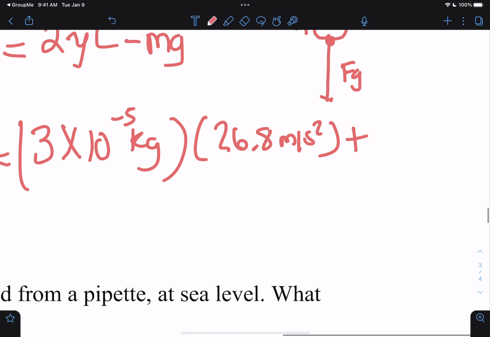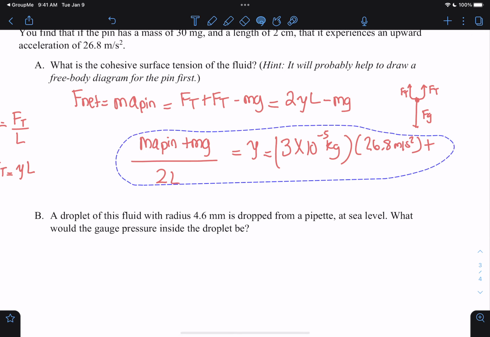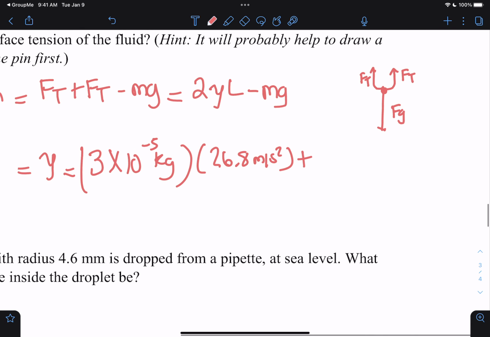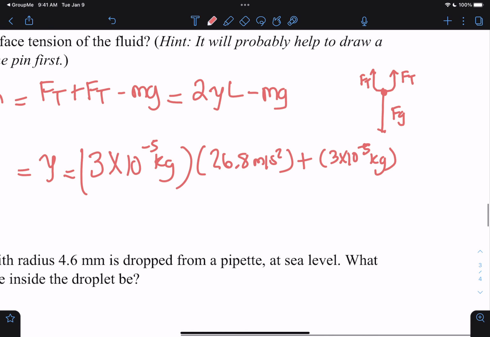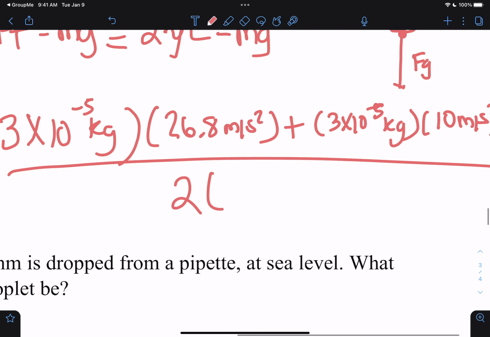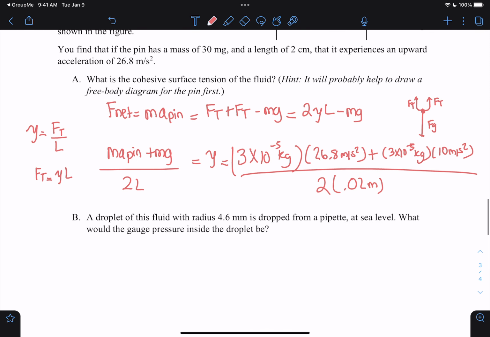And then we can add that to, let me move things a little bit to the left here so we can have more space, plus that same mass, 3 times 10 to the negative 5 kilograms, times gravity, 10 meters per second squared, and then divided by 2 times the length, which was 2 centimeters, which is 0.02 meters. And then that gives us a surface tension, fancy Y, of 0.028 newtons per meter. Fair enough for the surface tension here?